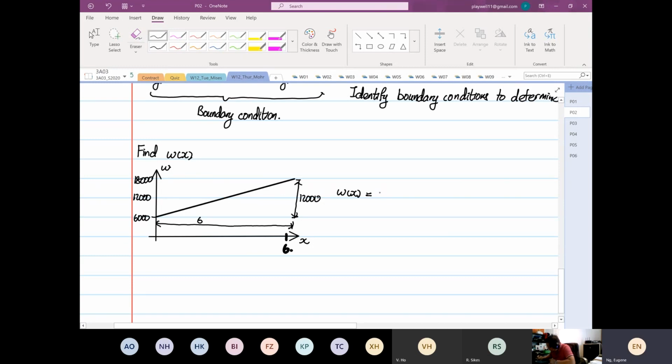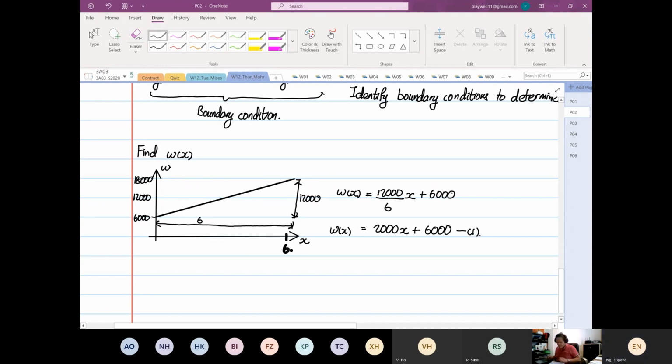So it's equal to 12,000 divided by 6 times x, positive slope, plus the y-intercept, which is 6,000. So this is equal to 2,000x plus 6,000. Omega as a function of x. So that's your equation number 1.